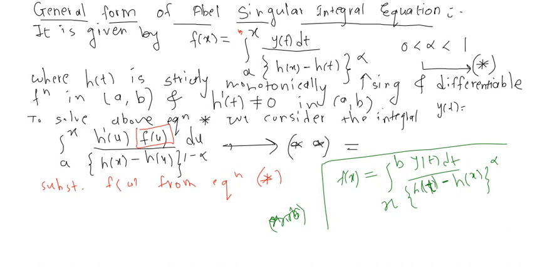Okay, wherein see here there was h of x and h of t. Here the order is changed. It is from h of t to h of x. H of t is the first one, and then it is h of x. Okay, so if it is this form of equation, then how do you find out the solution?